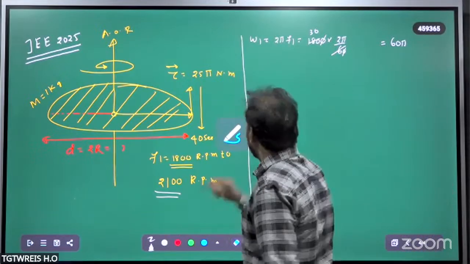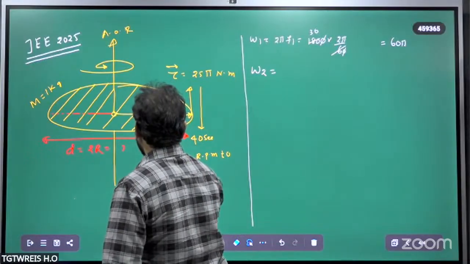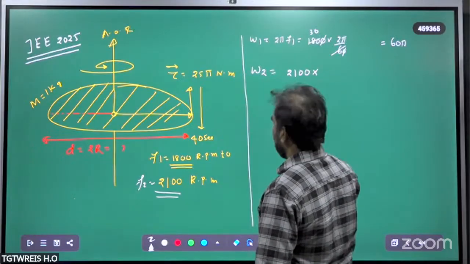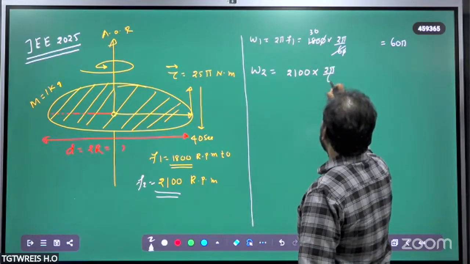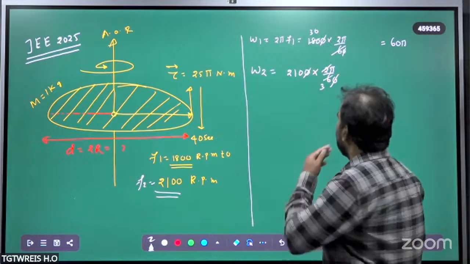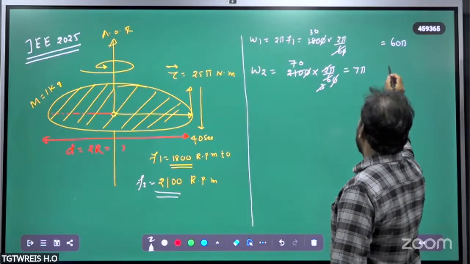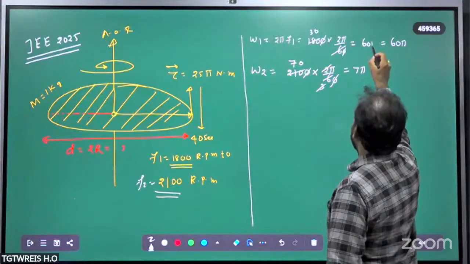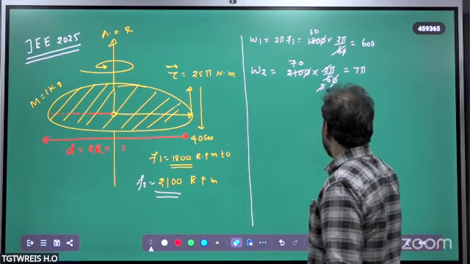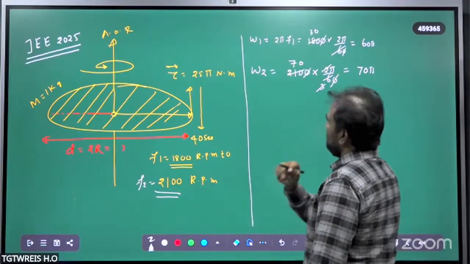Omega 2 is equal to 2100 into 2 pi by 60 radians per second, since f2 is 2100 revolutions per minute. The 0 gets cancelled out. 2 1s are 2, 3 7s are 21, that is equal to 70 pi radians per second. So omega 2 is 70 pi radians per second.